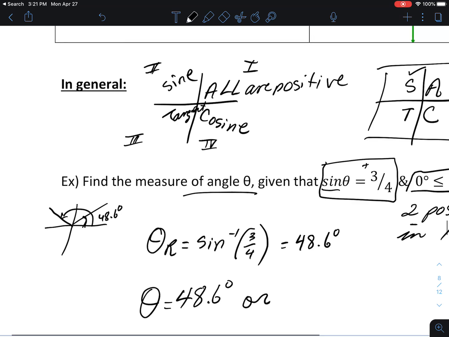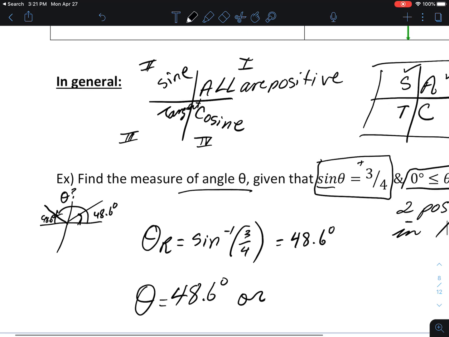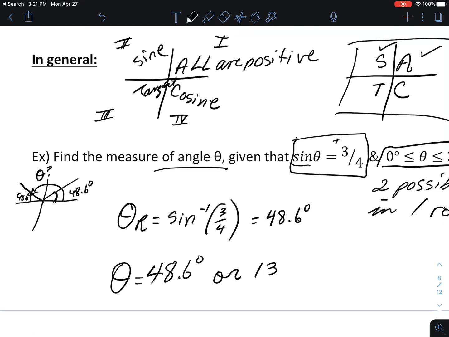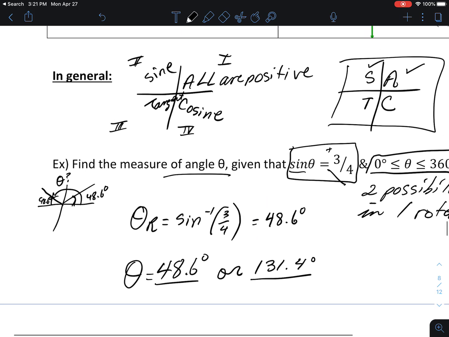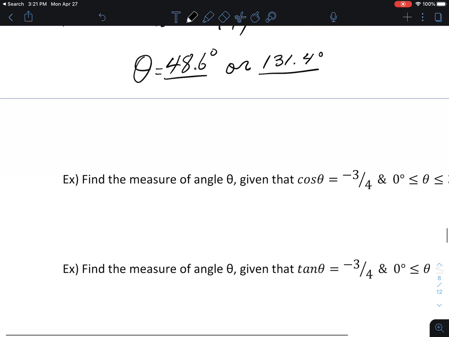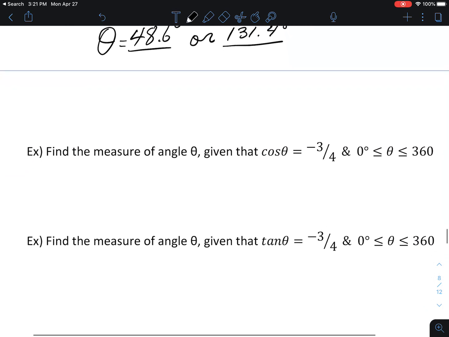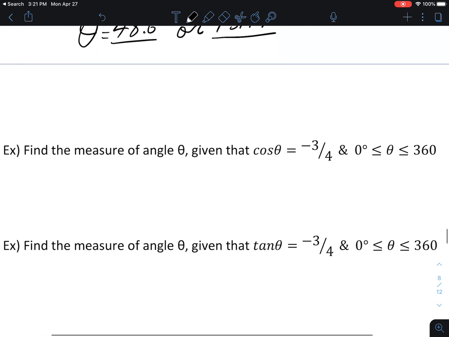So 48.6 is one of my answers. Or over here, the reference angle is 48.6 degrees. So how big is theta? Well, I would take 180 degrees and subtract 48.6, and I would get 131.4. So those are the two angles that have a sine of positive 3/4.